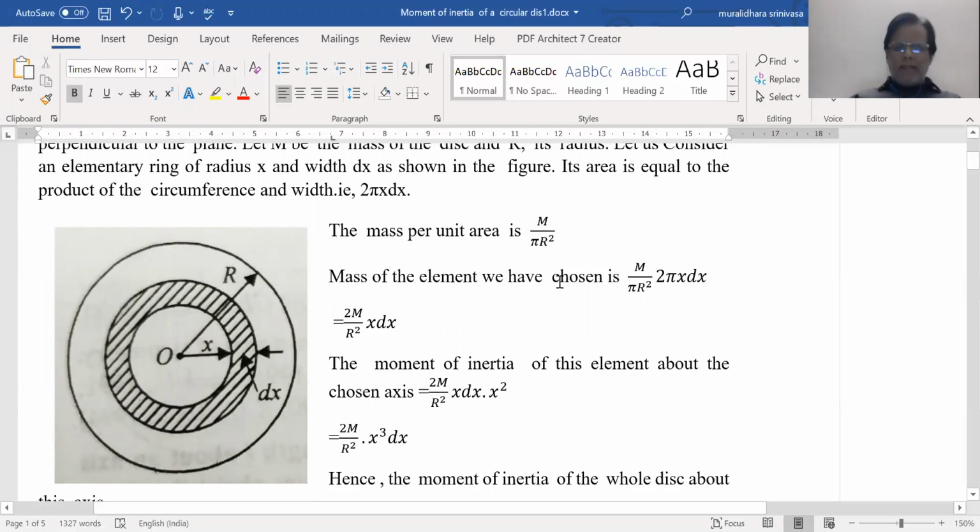Therefore the mass of the element that I have chosen is m by pi r squared, the mass per unit area, into the area of the chosen portion, 2 pi x dx. Therefore 2m by r squared into x dx.